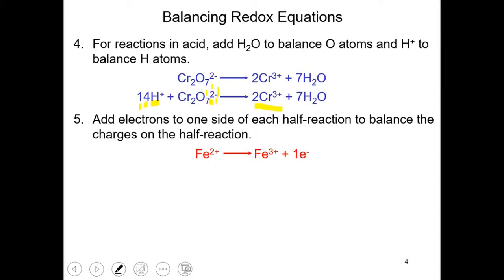Well, that means that we have an excess of 6 positive charges on the left side. Let's offset them by adding 6 electrons, 6 negative charges. And once more, this step reveals that this is the reduction half reaction because electrons are coming in, electrons are being added.